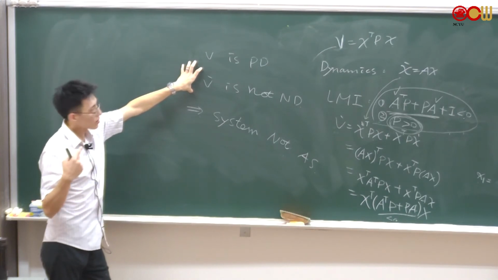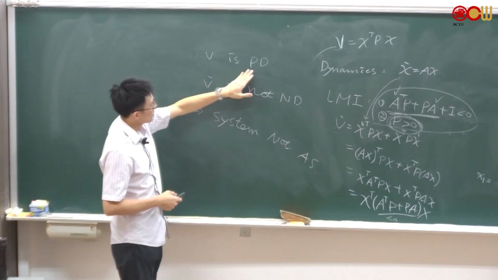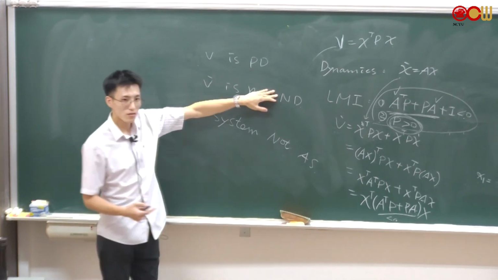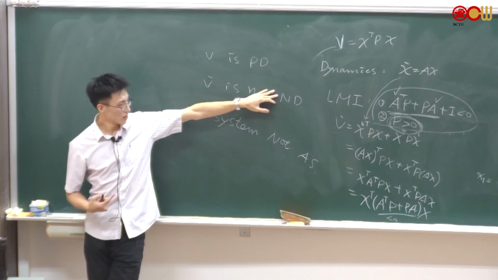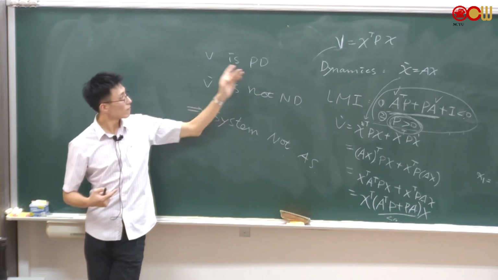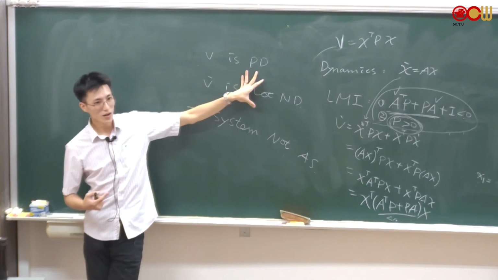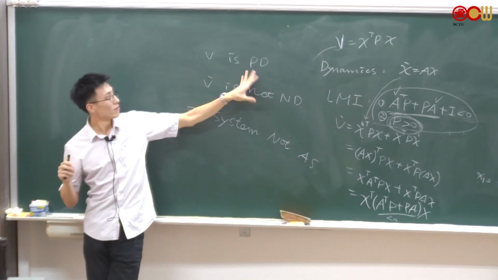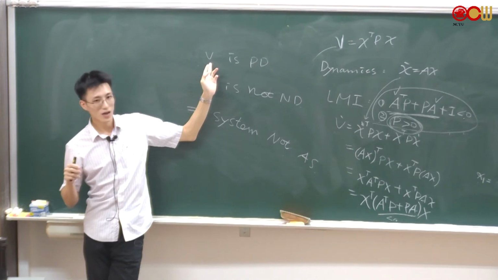If you find V that is PD and V dot that is ND, it guarantees this system is asymptotically stable. But if you cannot find that V, it doesn't imply the system is unstable. It could be that the V you find is not a good candidate.